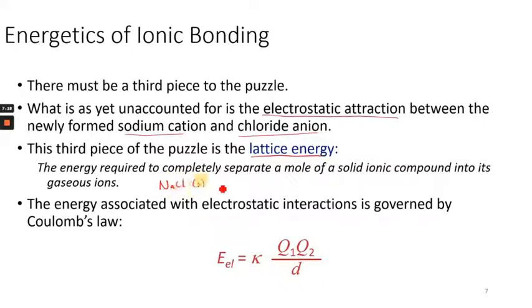So if I had 1 mole of sodium chloride and I separated it into its gaseous ions, the energy I have to put in to do this is called your lattice energy. This is related to the electrostatic interactions governed by Coulomb's law, where Q1 and Q2 are your charges and d is the distance between your ions.